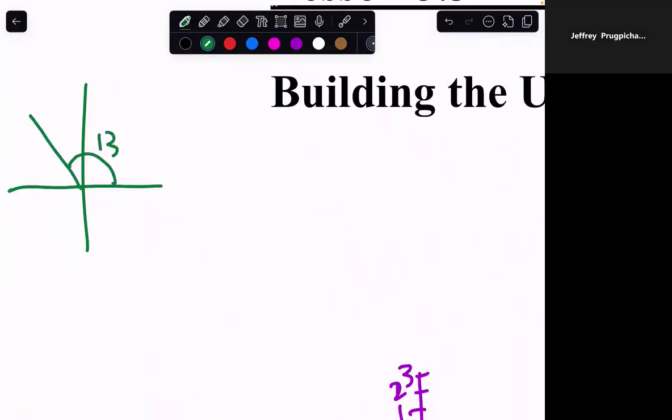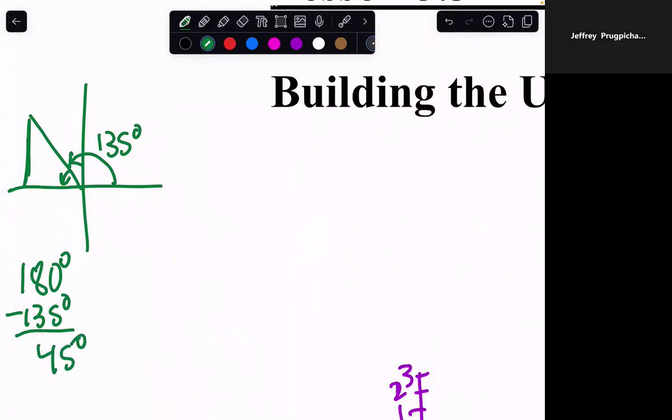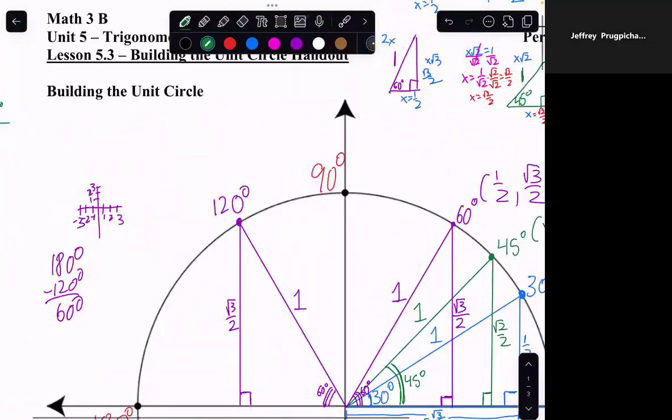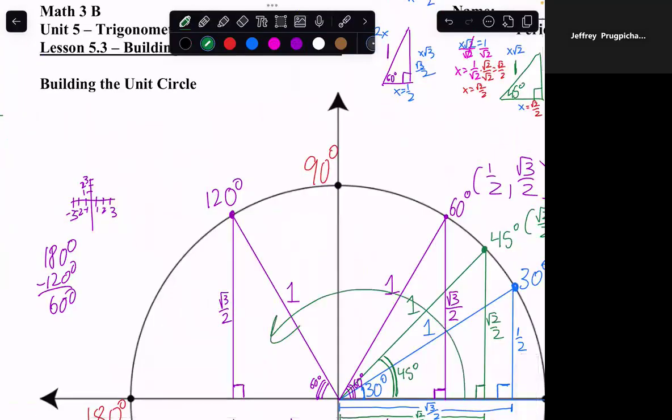We're calculating 135 degrees, but since the triangle is going to be formed over here, we need to figure out how many degrees are remaining. So 180 minus 135 means the triangle will have a 45-degree angle. Okay, so from the positive x-axis, again, 135 would be around here.